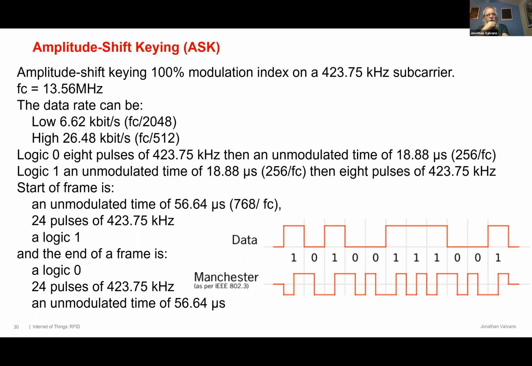And then the stop bit, if you like, is 24 pulses. So 24 pulses together is either a start bit or a stop bit. That's called Manchester, by the way, where you send a bit as a 0, 1 or a 1, 0: nothing, something or something, nothing.